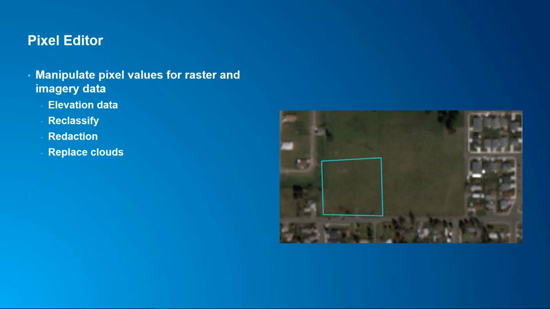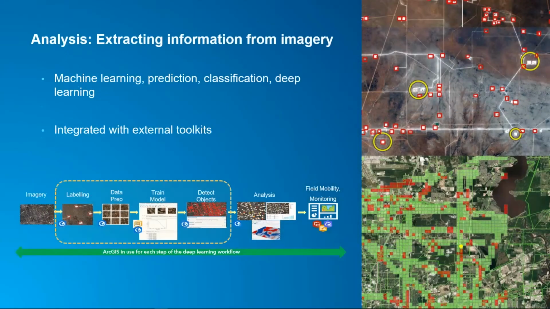These are good for use cases such as editing elevation data to fill voids. It'll let you reclassify pixels, regions, or objects that haven't been classified appropriately. Helps you to obscure or redact confidential pixels, replace clouds, etc. And we'll show an example of that in a minute as well.